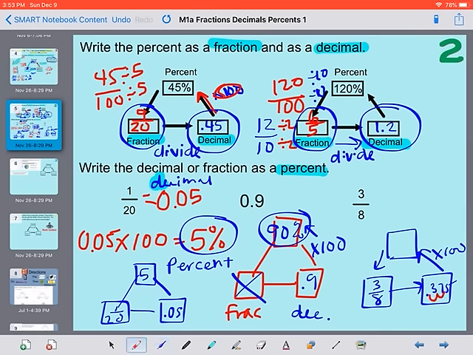Moving your decimal 2 spots, if you multiply by 100, 37.5%. If you don't use the triangle thing, just plug it in your calculator, 0.375, and then multiply by 100, moving your decimal 2 spots.